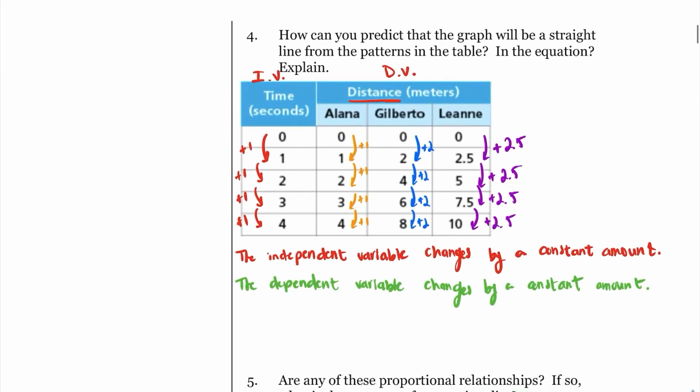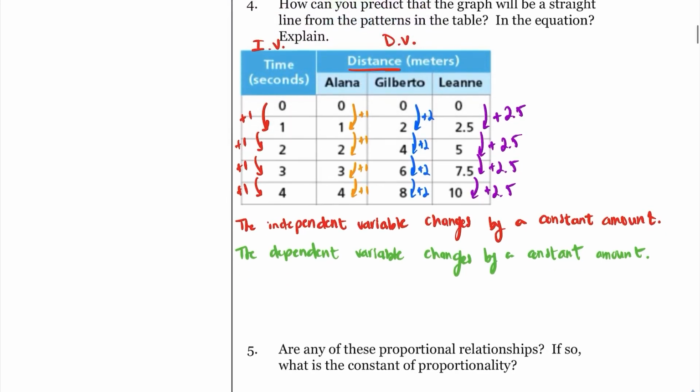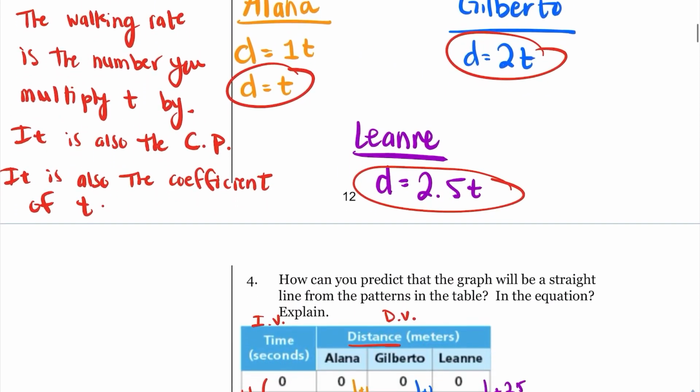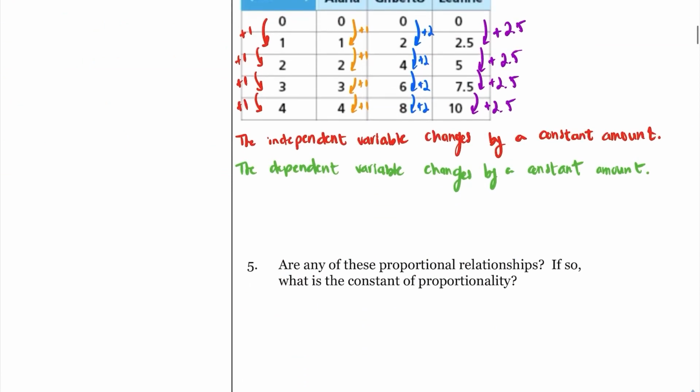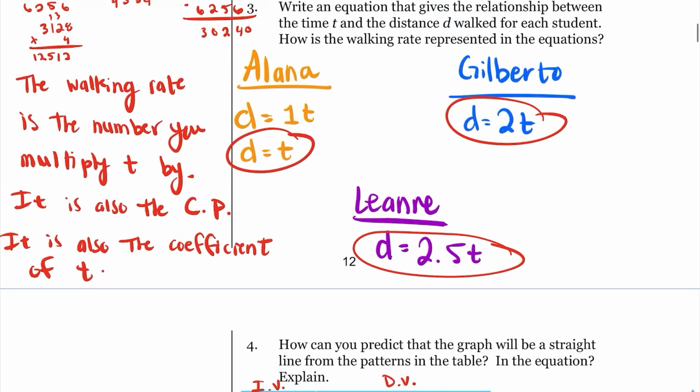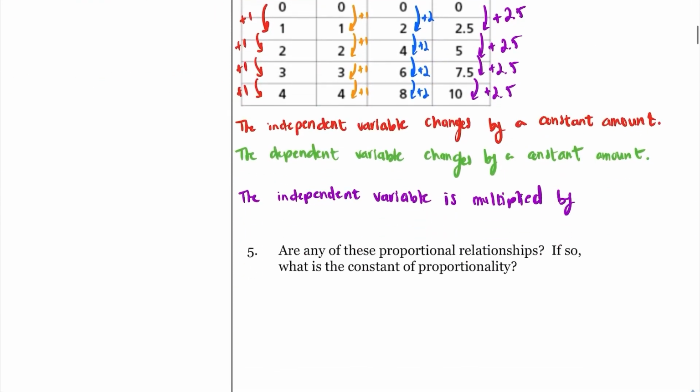I really wish I was there today because I want to hear your conversation about this. But I'm sure one of you said that the independent variable is multiplied by some number or some rate.